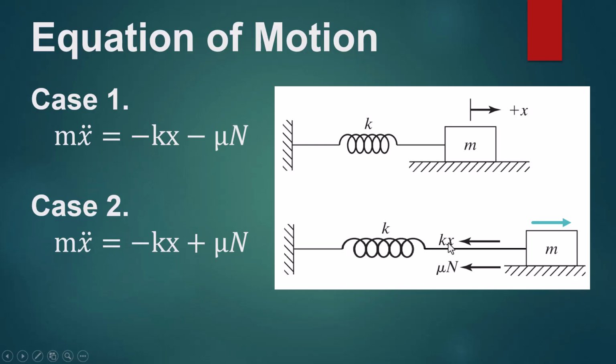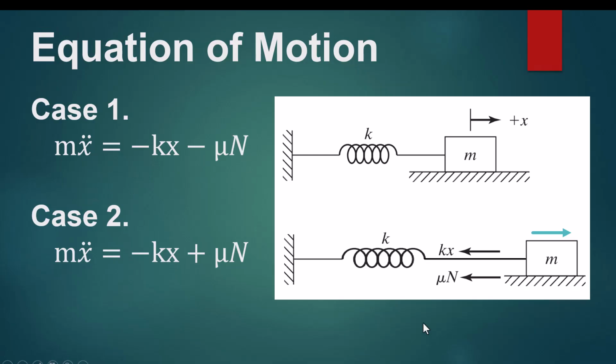So both the friction and the spring force are on the left side, and they add to each other. That is case 1. But when this mass is at this position and it is moving to the left, then the friction force is going to be to the right, on the opposite side from the spring force. So that is case 2.